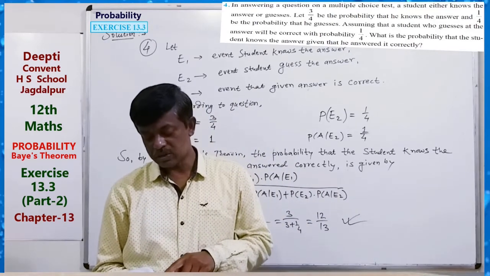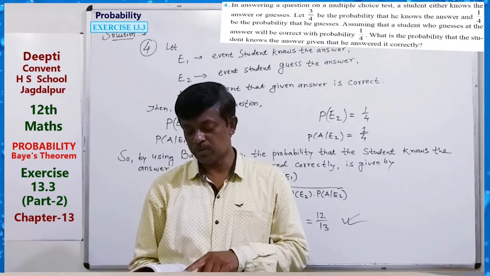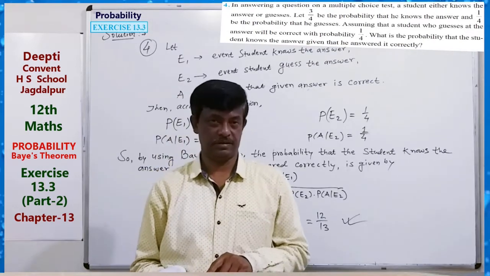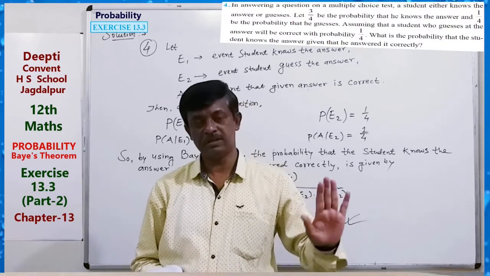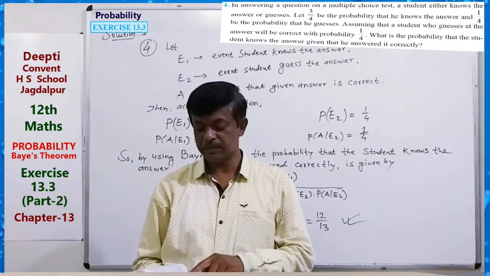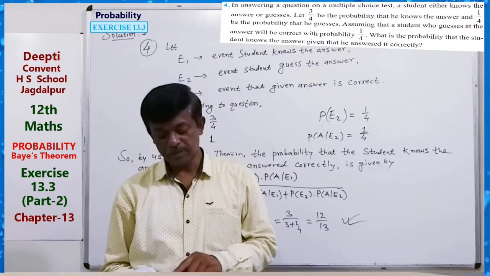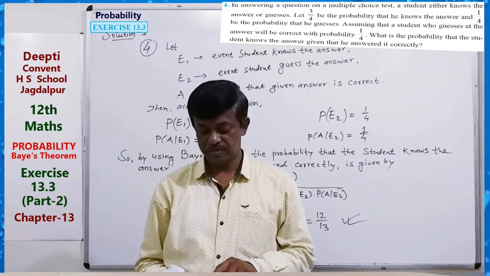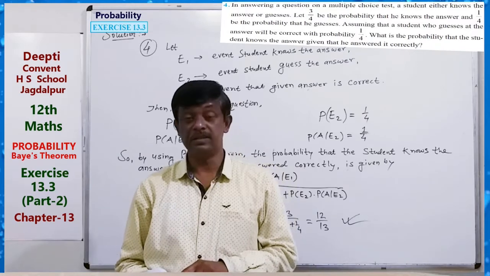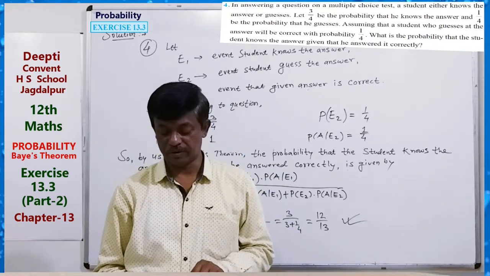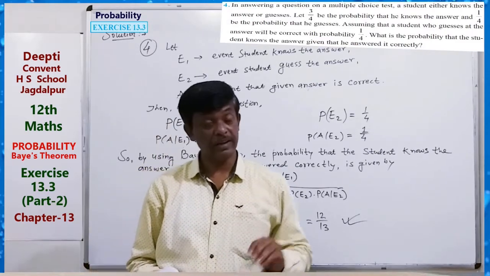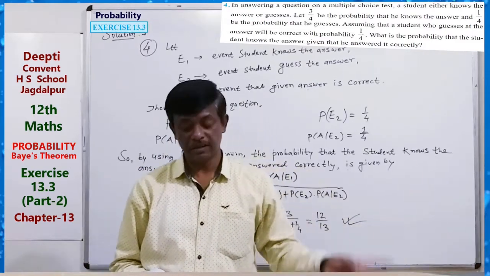However, the test also yields a false positive result for 0.5% of the healthy persons tested. That is, if a healthy person is tested, then the probability is 0.005 that the test will imply he has the disease. So this is the probability when a healthy person is tested and the result falsely says disease.